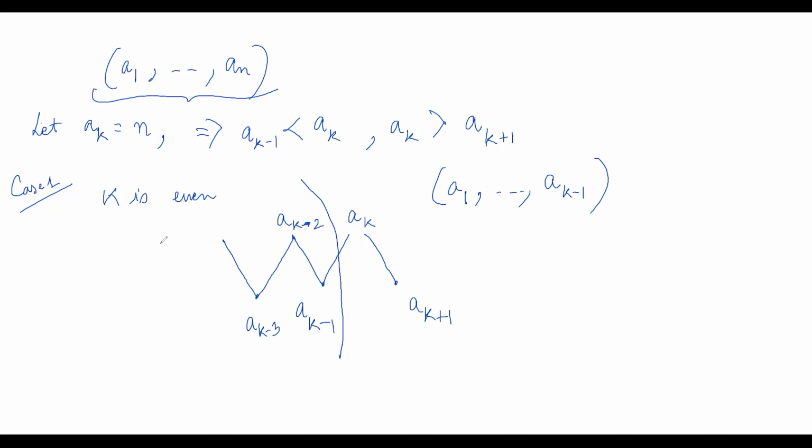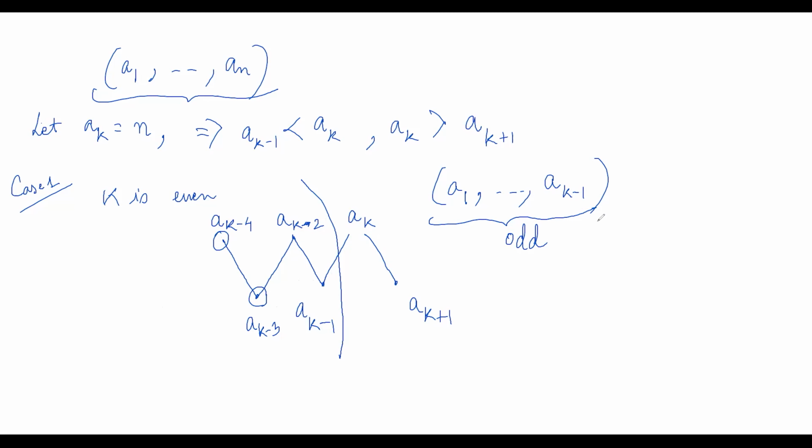But how do we understand whether a1 is starting from above or below? As we know, here we have an odd number of terms, since k is even and k minus 1 is odd. So if you start from a k minus 1 and go back, if it ends above, then you are going to have an even number of terms, but if it ends below, then you are going to have an odd number of terms.